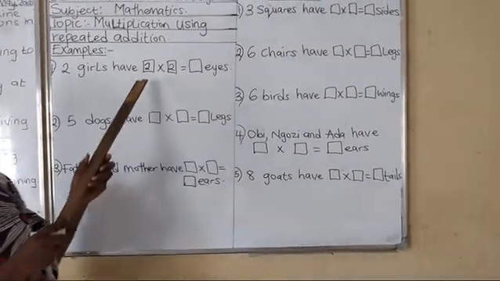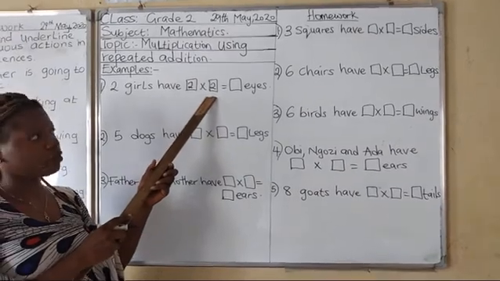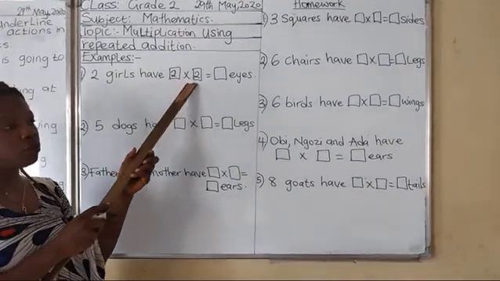Then we now have something like this. 2 times 2.